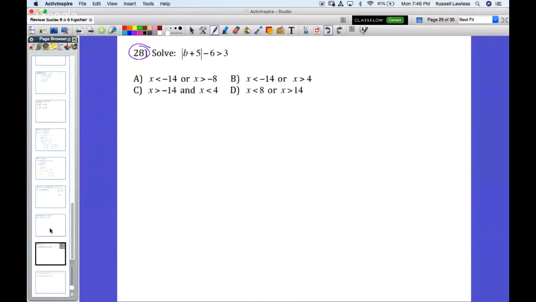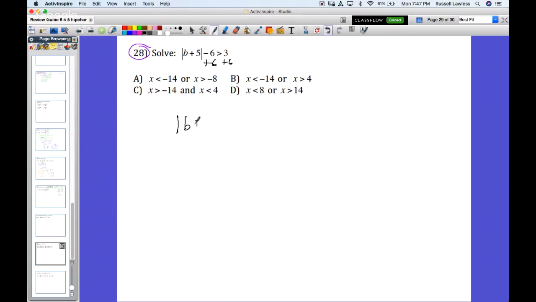And the last problem for our review is going to be looking at an absolute value inequality. So for this absolute value inequality, what we've got to do first is get rid of that 6. It's the same premise as the absolute value equation: you've got to get the absolute value by itself.